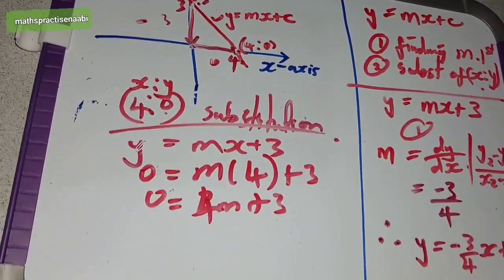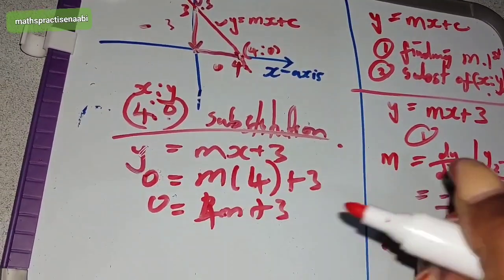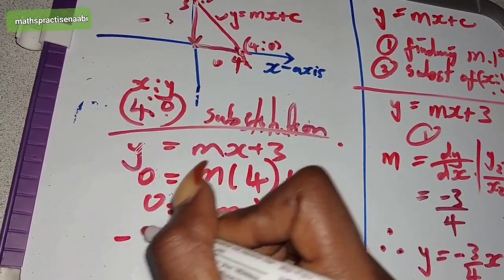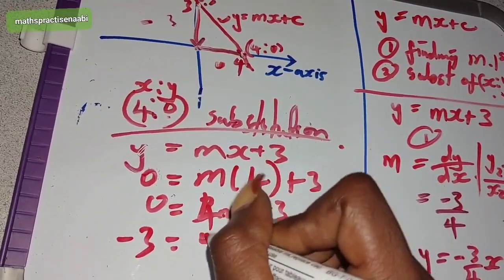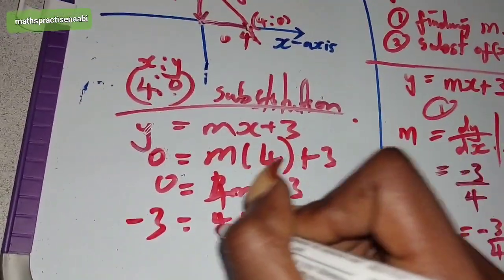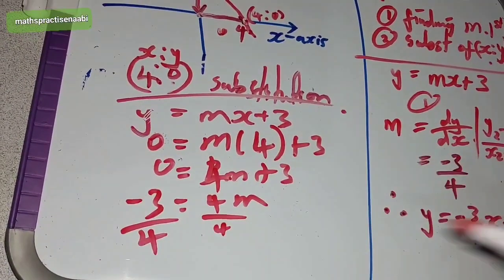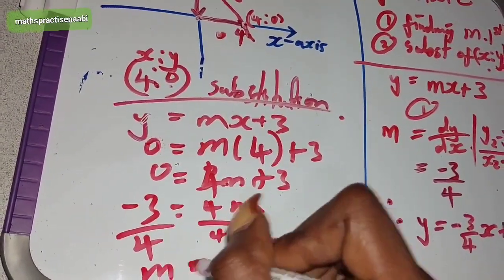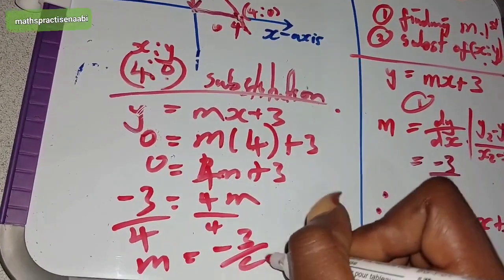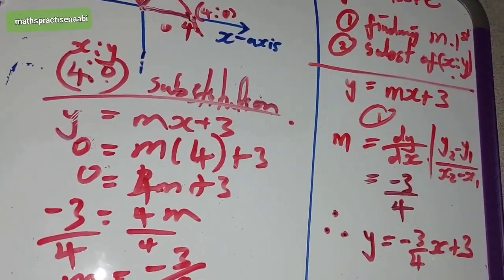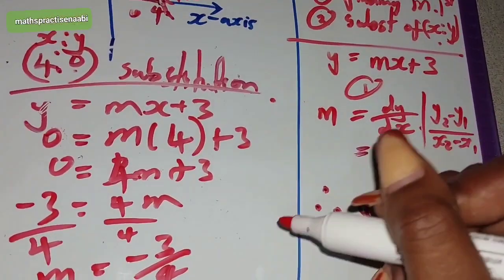We group like terms, we end up having minus 3 is equal to 4m. Okay, we divide by 4, so m is equal to minus 3 over 4. So we have the same gradient as the one that we got initially, which confirms.